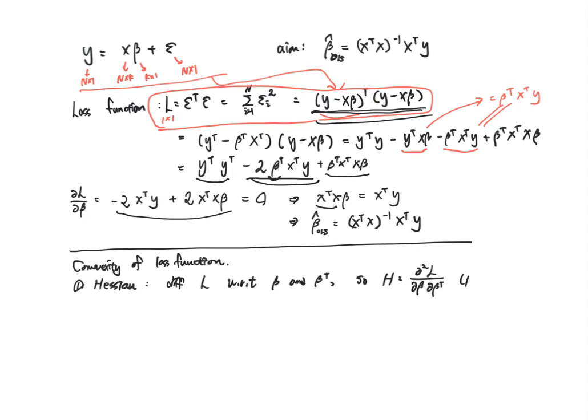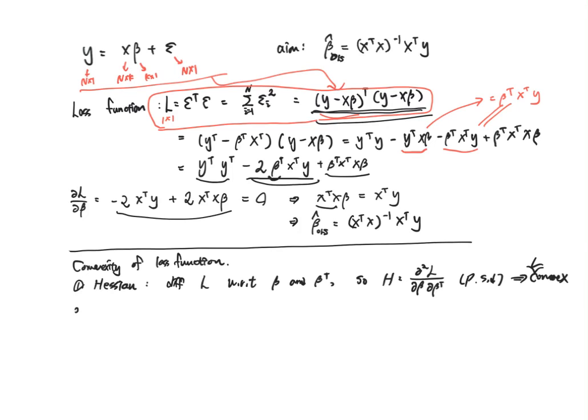And if this is positive semi-definite, then this means that L is convex, the loss function is convex. This is quite a bit difficult actually.